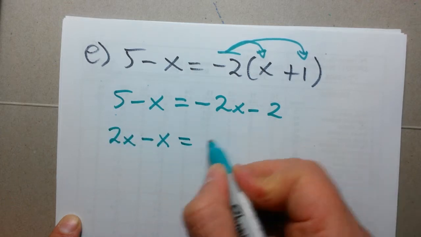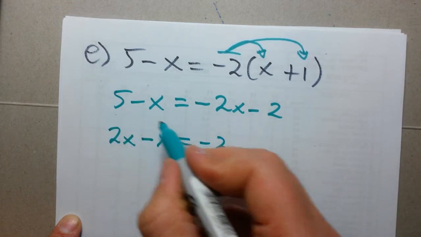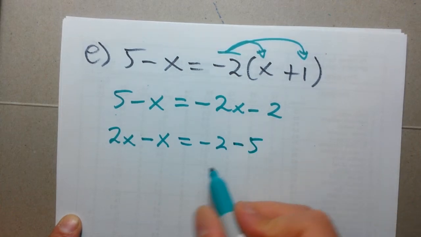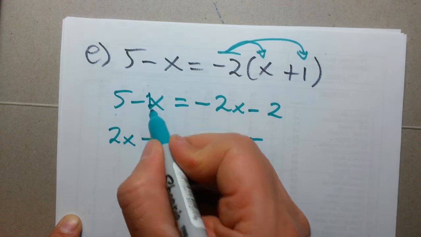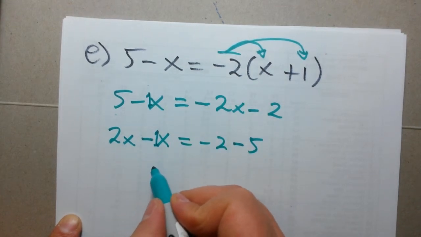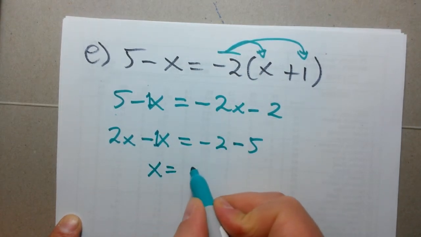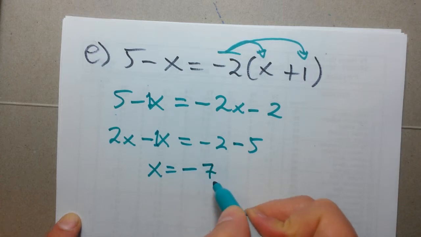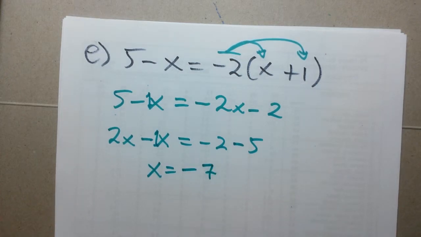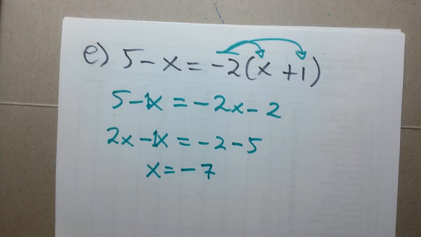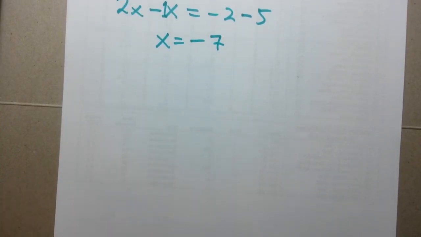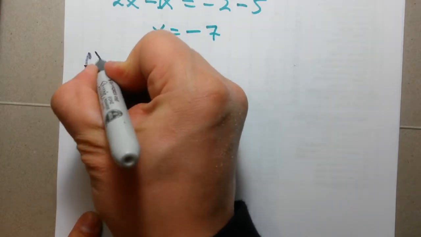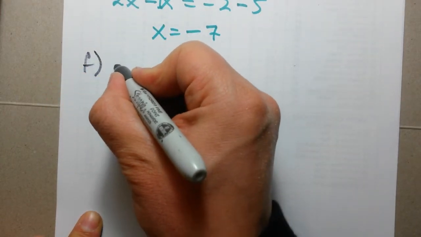The negative 2 stays there. 2x minus 1x gives us x, minus 2 minus 5 gives us minus 7. And that's our answer.